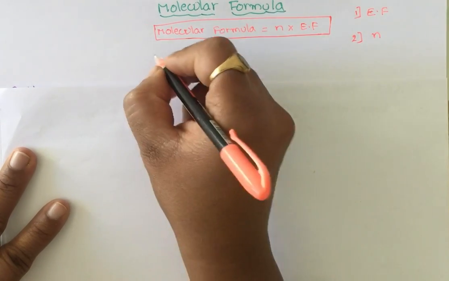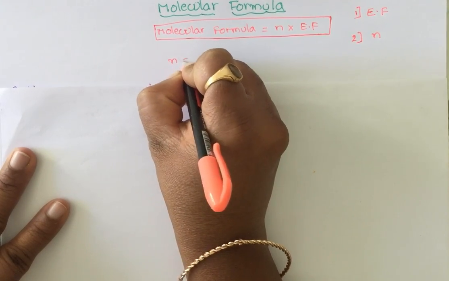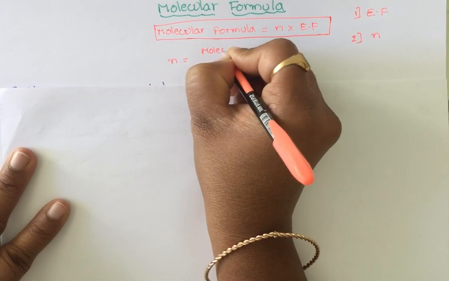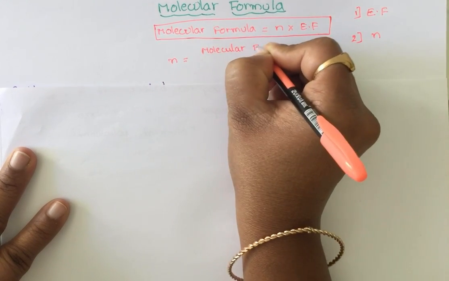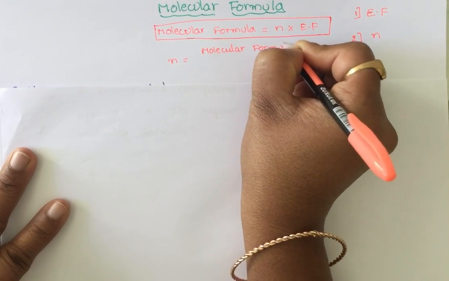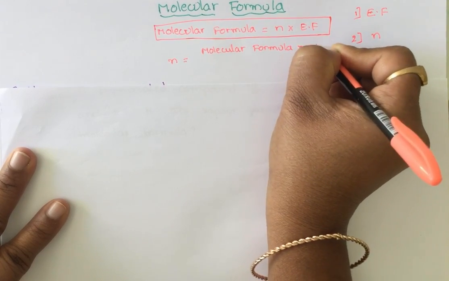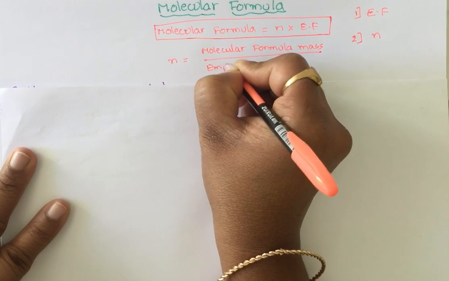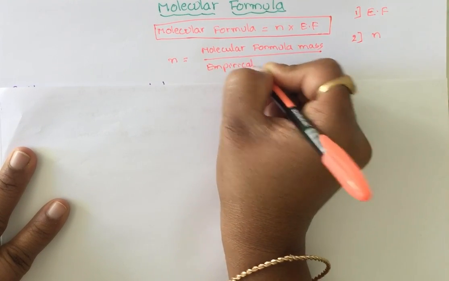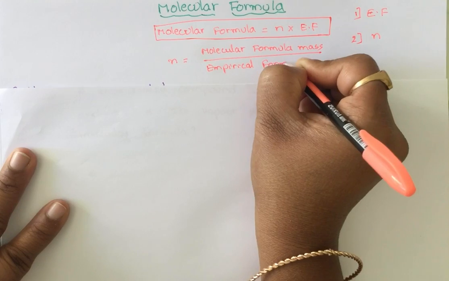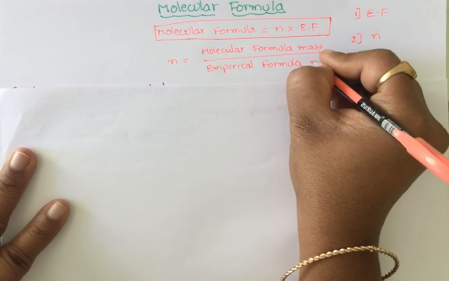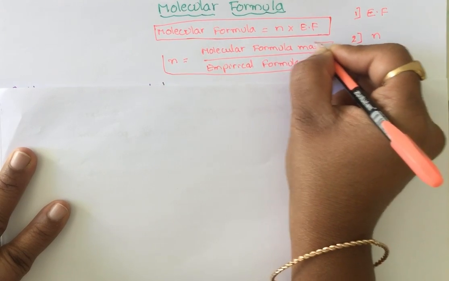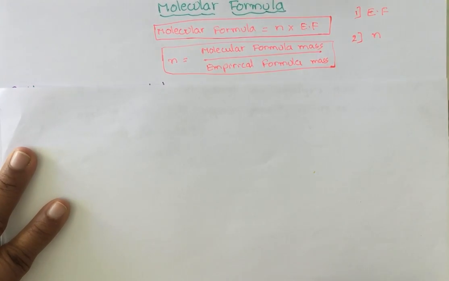Now, how can we calculate the n value? n is nothing but the molecular formula mass divided by the empirical formula mass. If you do this, you are going to get the n value. Simply substitute these values in the above equation and you can find the molecular formula.